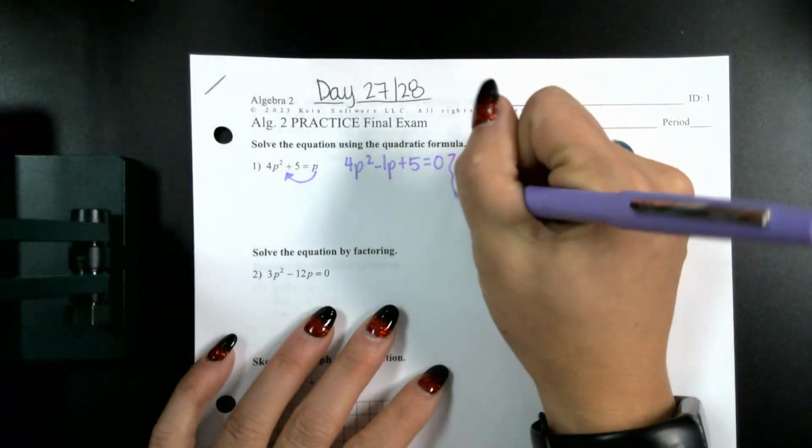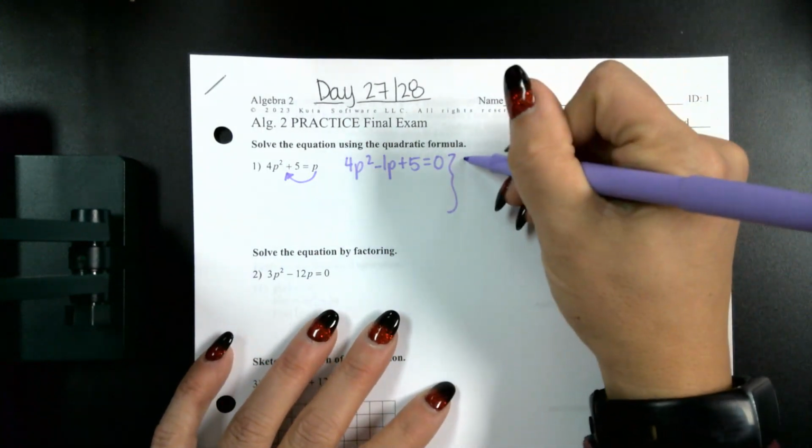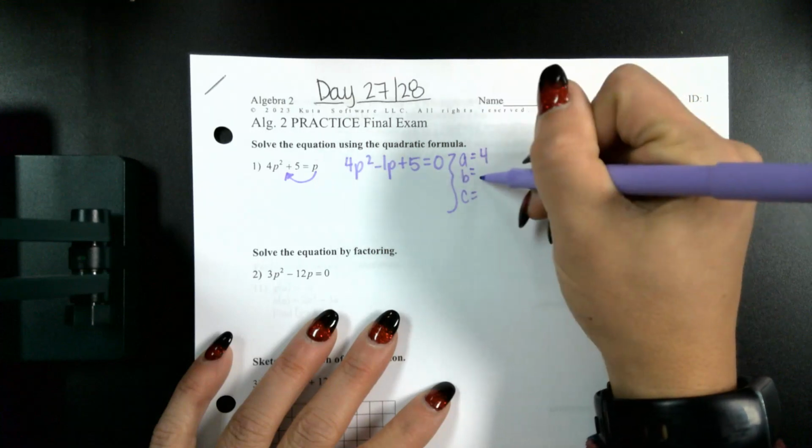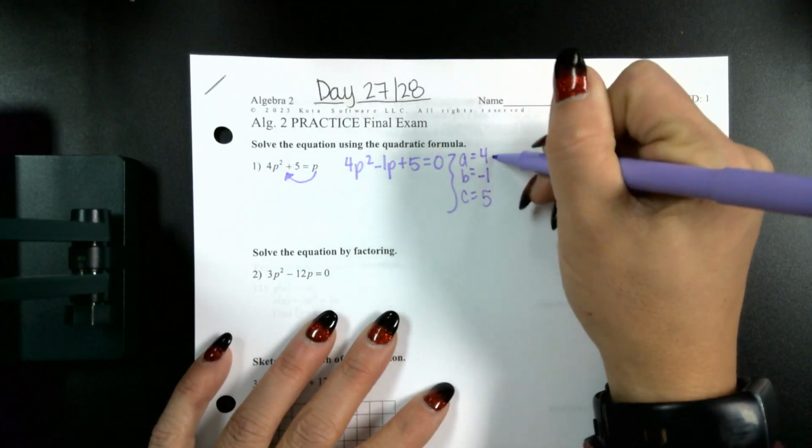And then remember, for the quadratic formula, you want to identify a, b, c. So a is 4, b is -1, and c is +5.